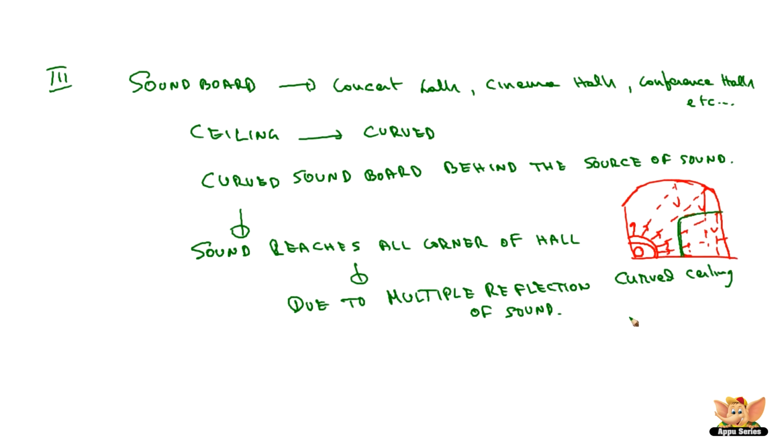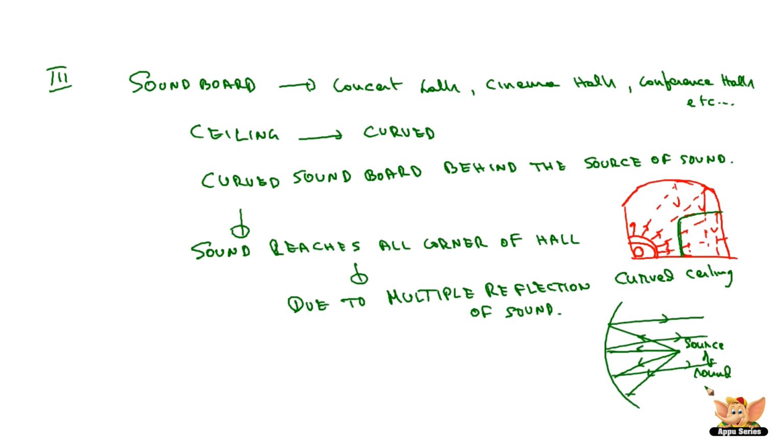Instead of the curved ceiling, we can have a soundboard, something like this. There is a source of sound here, and the sound travels from here to the soundboard. It hits and gets reflected back.